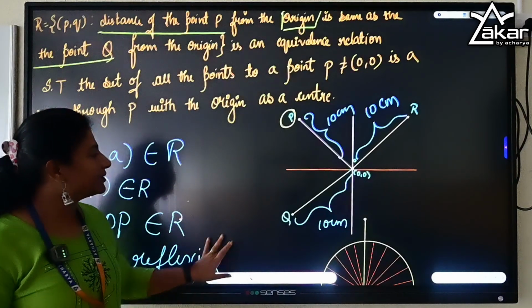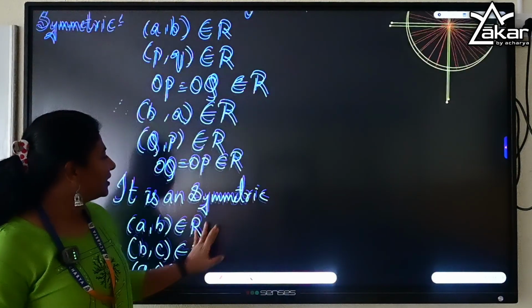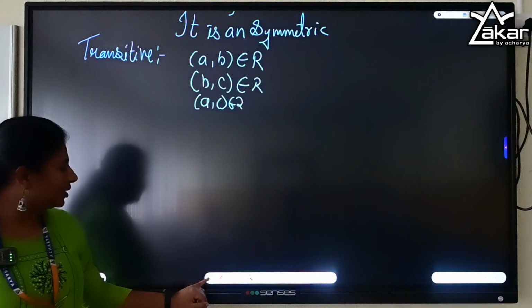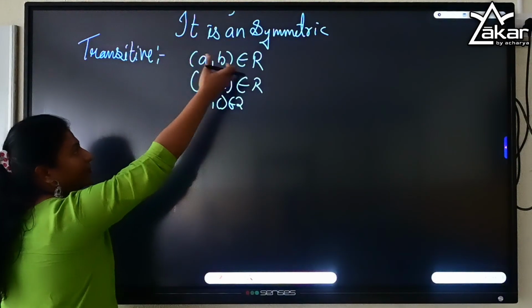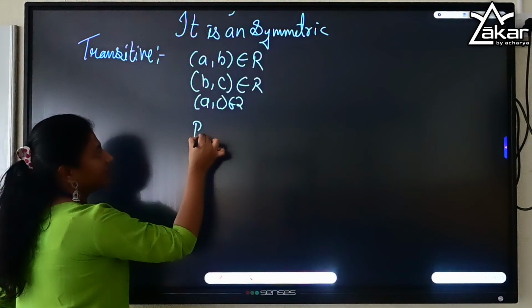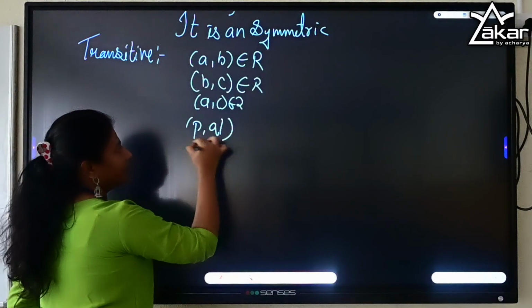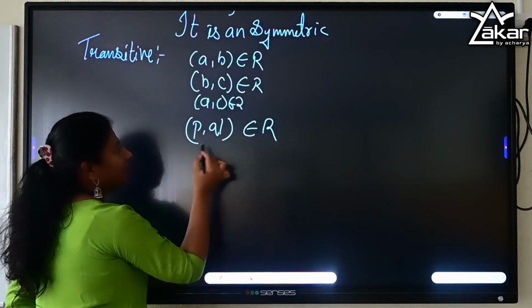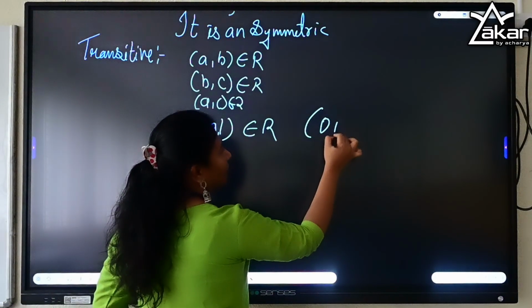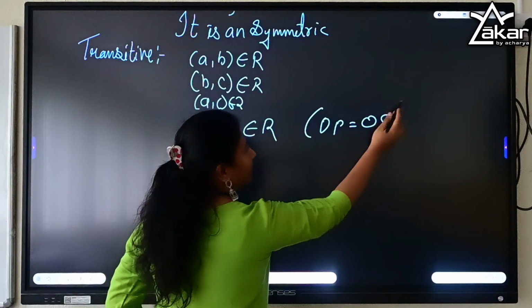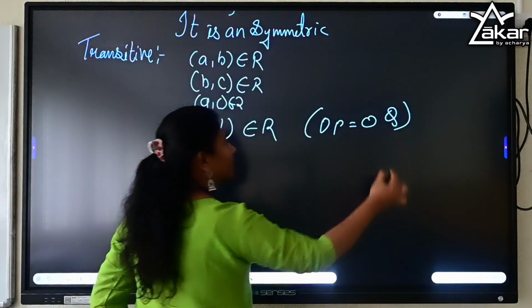So according to this we can prove the next thing. A comma B belongs to R means P comma Q belongs to R, so we can say that OP is equal to OQ.